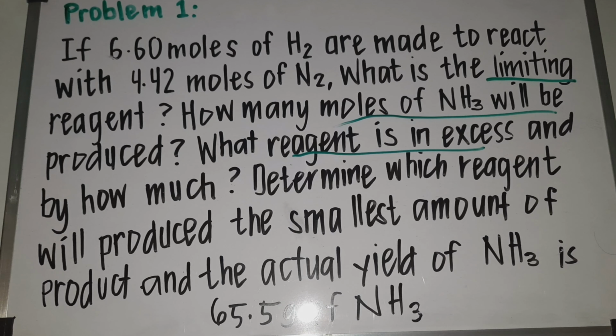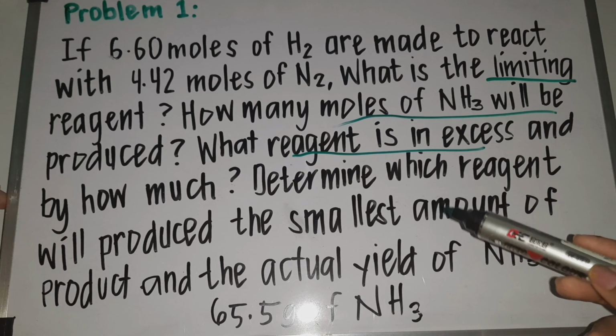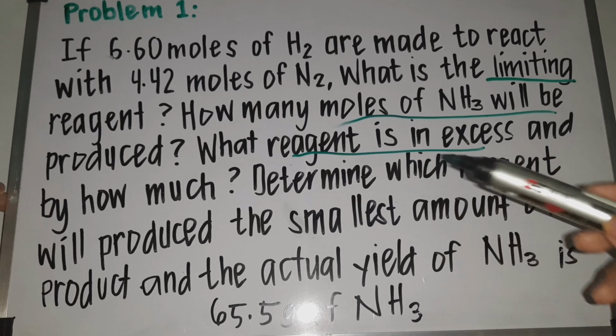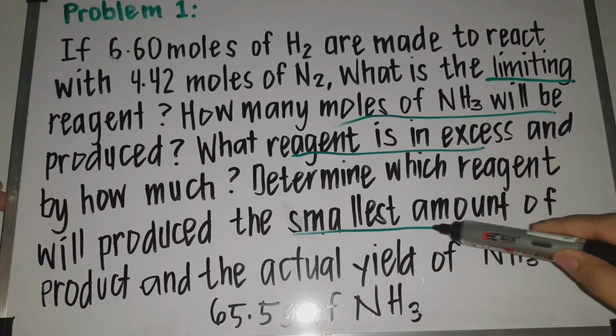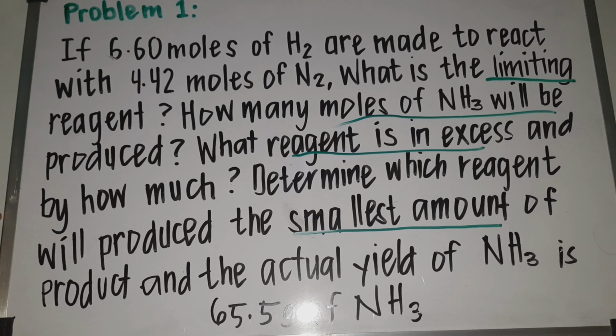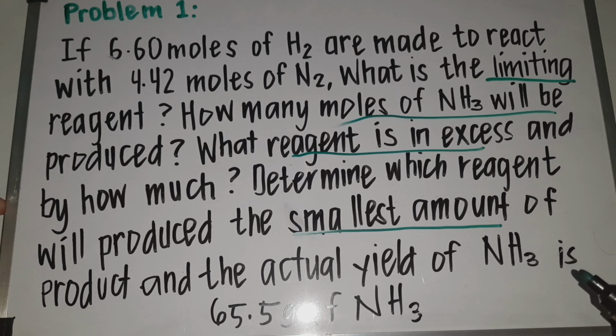Sometimes or mostly the theoretical yield is also the same as the excess reagent. And then we are tasked to determine the percentage yield if the actual yield is 65.5 grams of NH3.